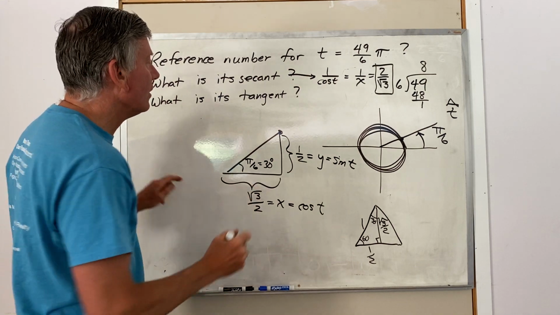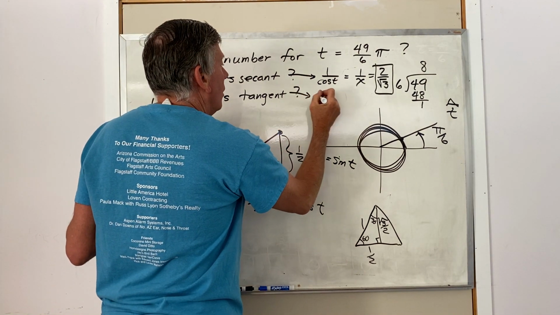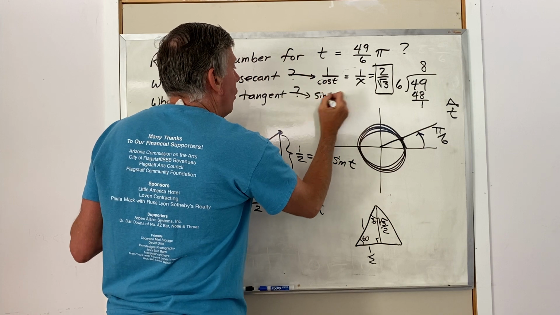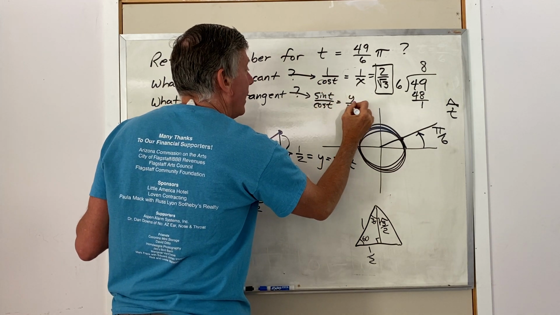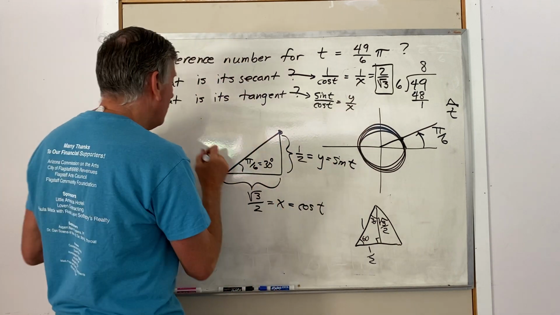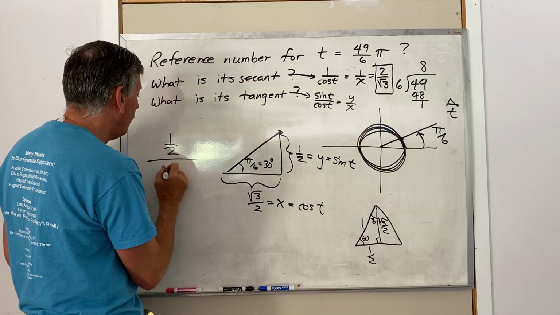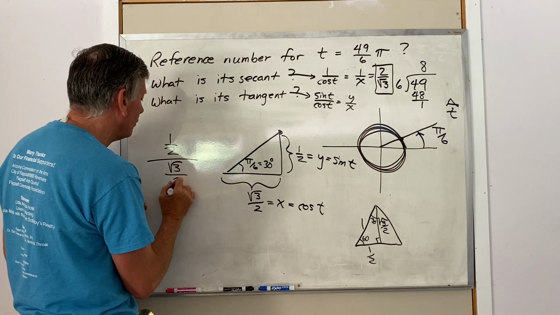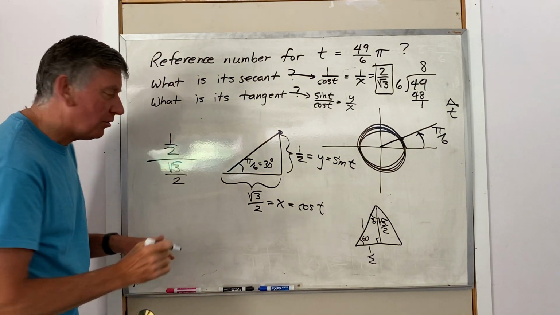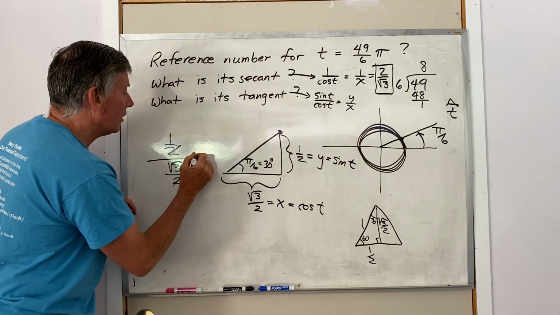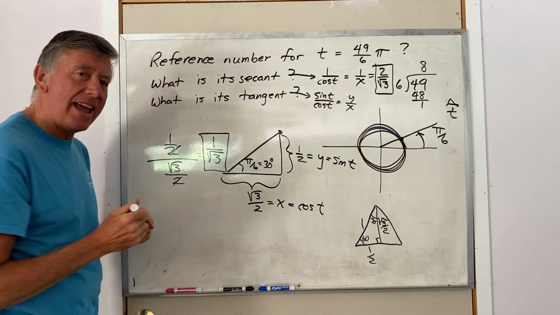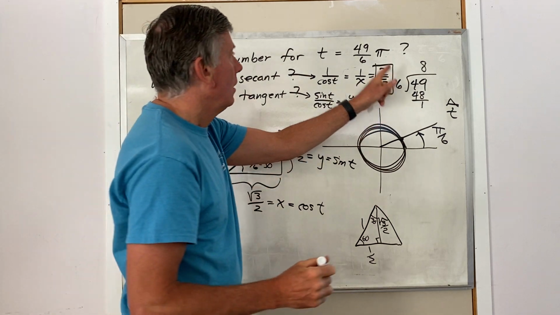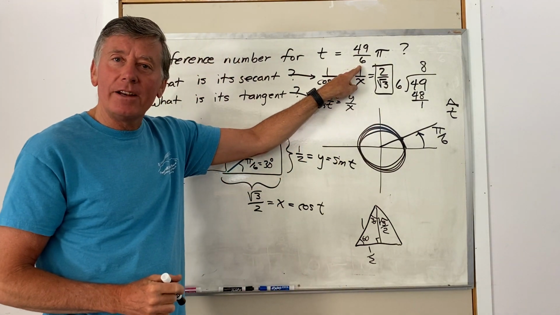Well, the tangent is the sine of t over the cosine of t, which is y over x, which is 1/2 over square root of 3 over 2. By now, I hope that you're seeing that your 2's cancel and you're left with 1 over the square root of 3. This is your tangent of this guy right here.